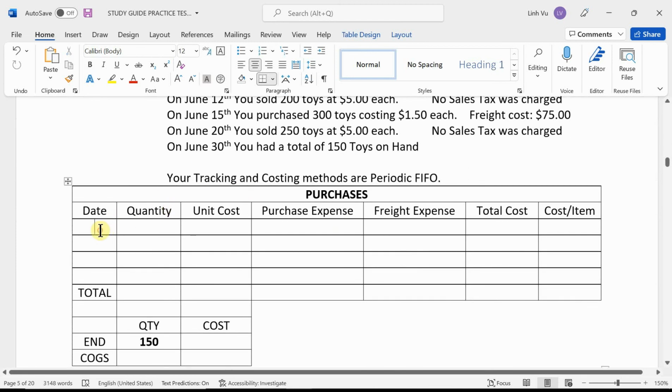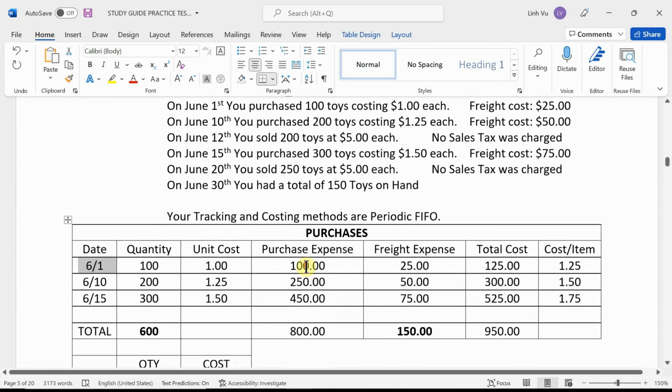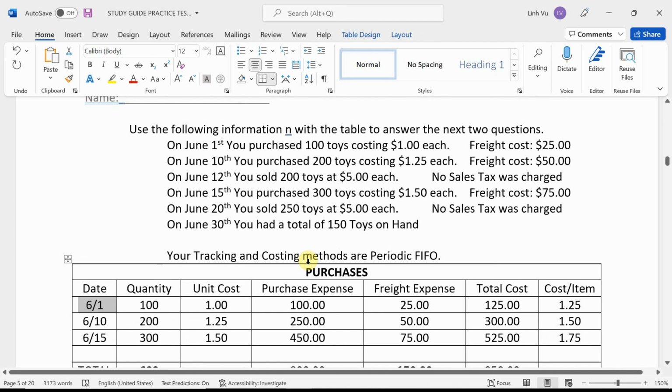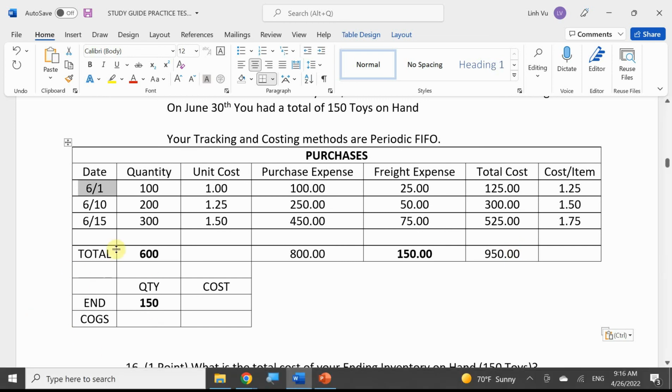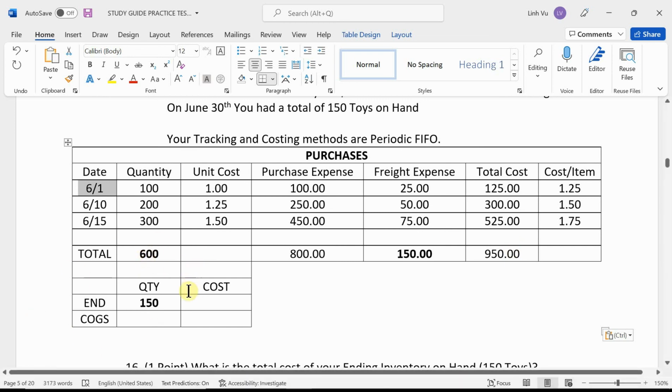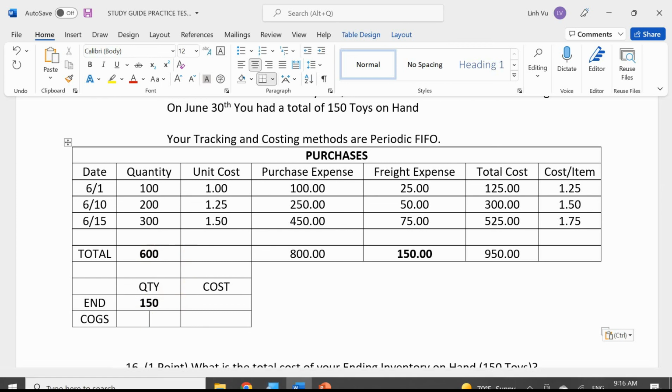You still have June 1st, you purchased 100. June 10, you purchased 200. June 15, you purchased 300. And at the end of June 30th, you have a total of 150 units. I saved you some time here. All right, so there you go, 600 units available, and you have 150 left.